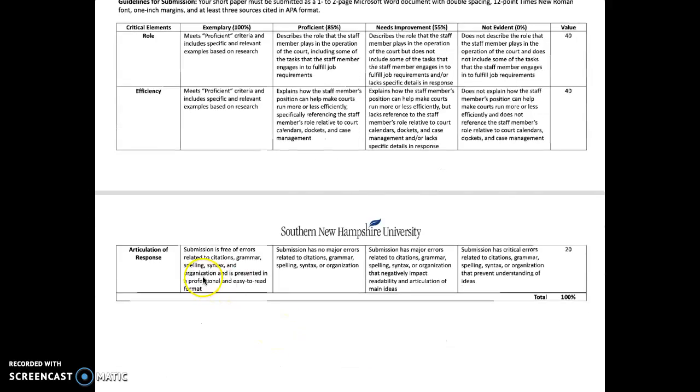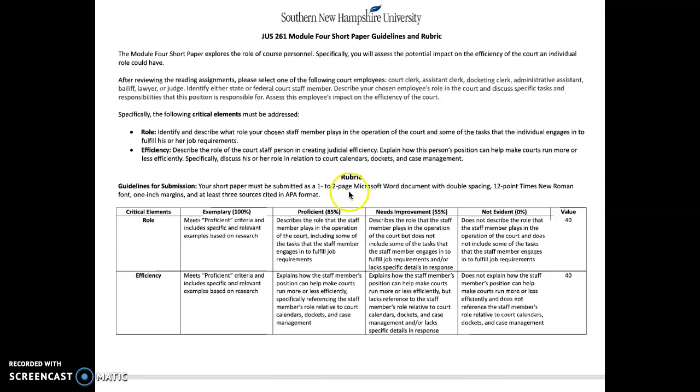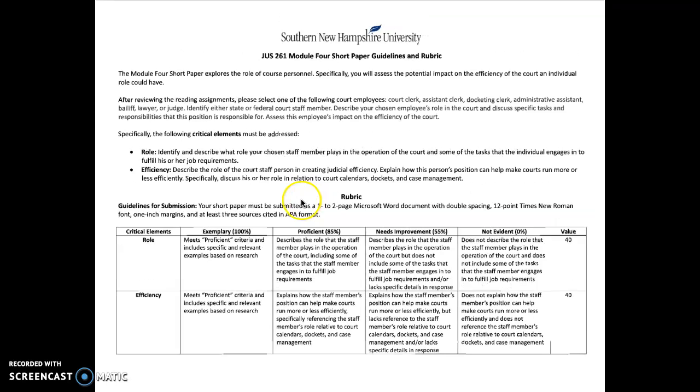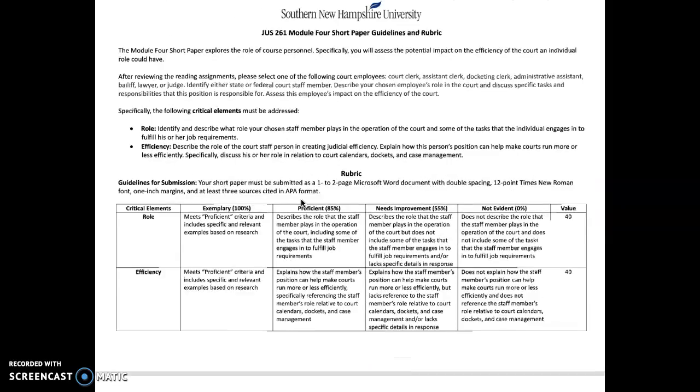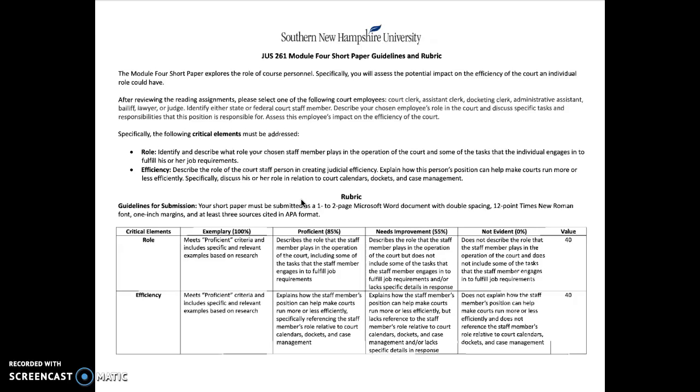And then articulation, as always, remember, you're going to need to have at least 3 sources cited in APA format, and this is going to be 1 to 2 pages, right? This assignment is going to help you as you begin to work on your milestone 2 assignment, which is part of module 5.